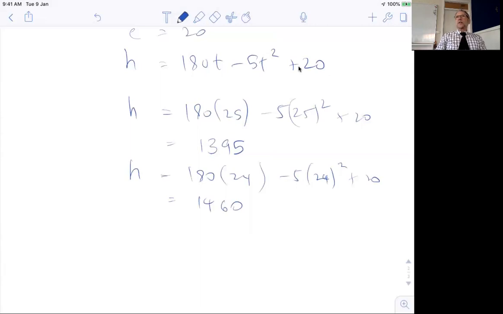So you can see it's on its way down, which it would be. It's just the difference between these two. So 1460 minus 1395, and you get 65. So in the 25th second it falls through a distance of 65 meters. All of the answers are meters. Done.